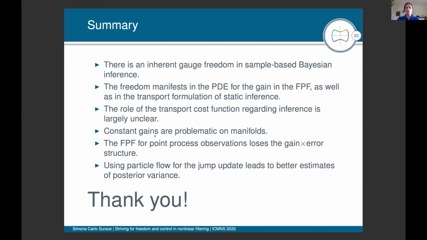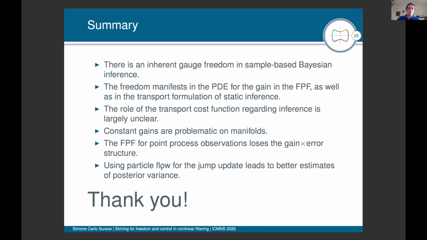Yes, so really one of the points that I try to make is that the cost function that was classically taken for this vector field was just an L2 energy, and this L2 energy is not really coming from the filtering problem or from the probabilistic structure of the problem. So by taking into account this freedom and putting various different cost functions, we could exploit it in order to perform certain tasks that we care about.